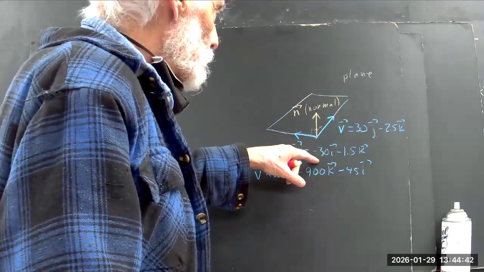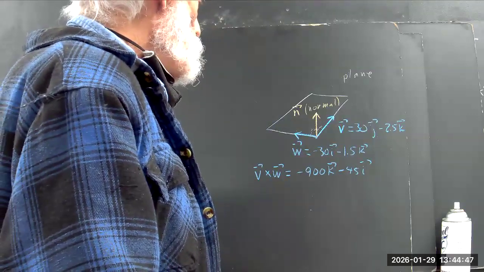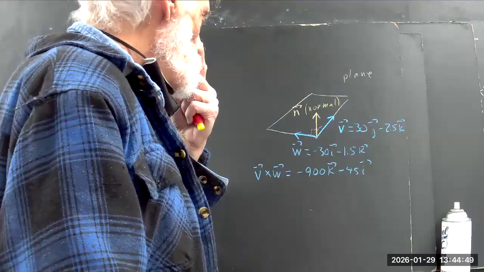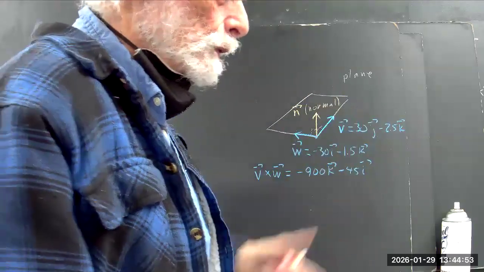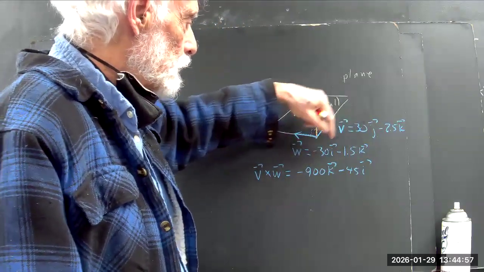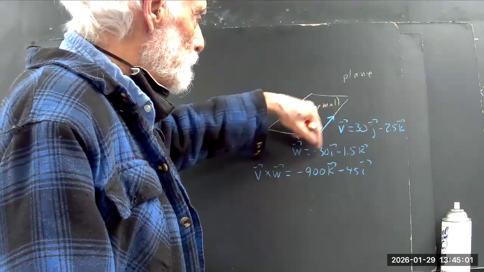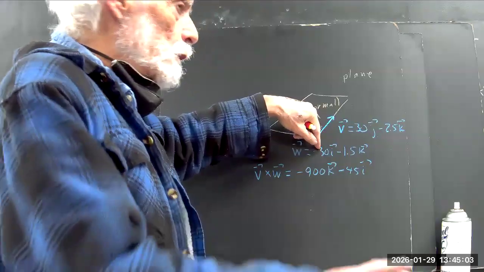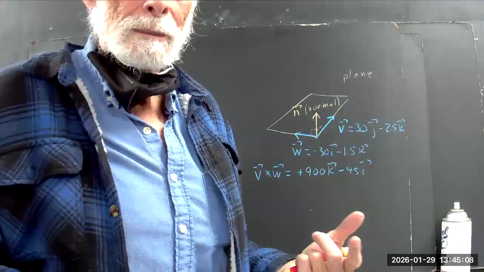And 30I cross 30J. Wait a minute. I think I crossed it in two different directions. Let's be careful. I cross J is K. So if we do V cross W, we get negative 900, but J cross I is negative K. That should be plus 900K.